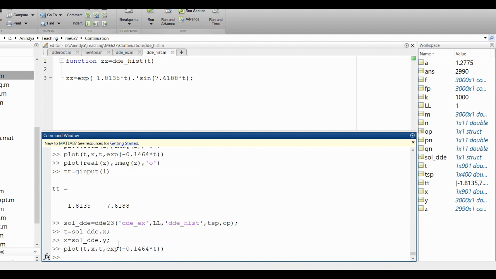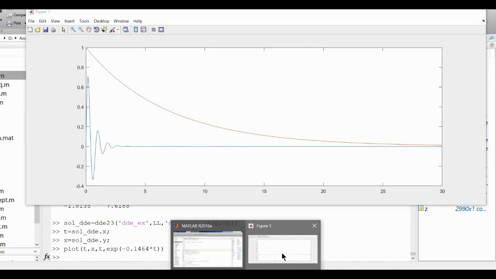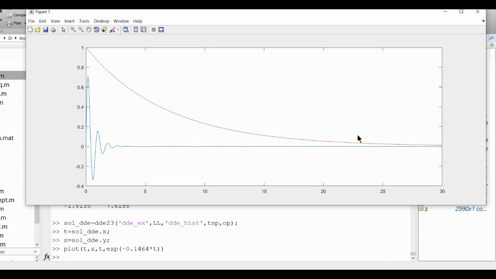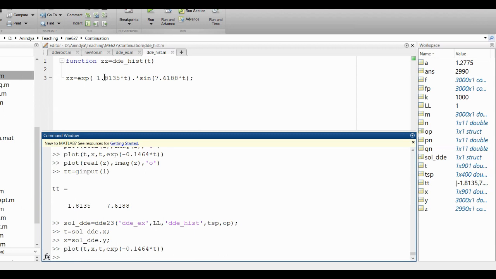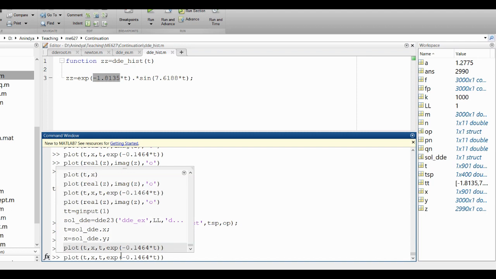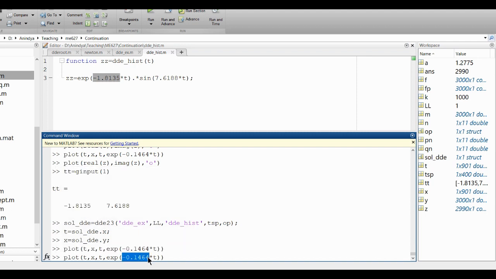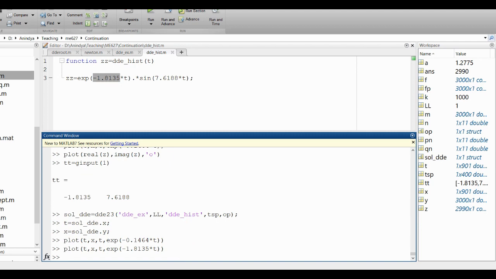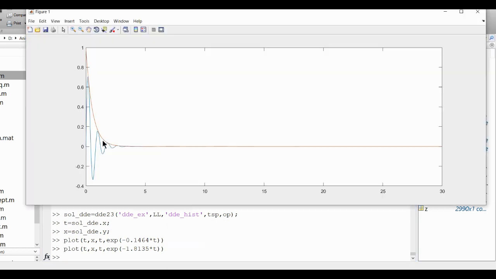It won't match the old exponential rate. You see the old exponential rate is here. It has decayed according to this rate, which is a much different rate. What is this rate? It is this rate here, minus 1 point, right? So if I come here and I put that rate, then I should get a better match, as indeed I do, right?